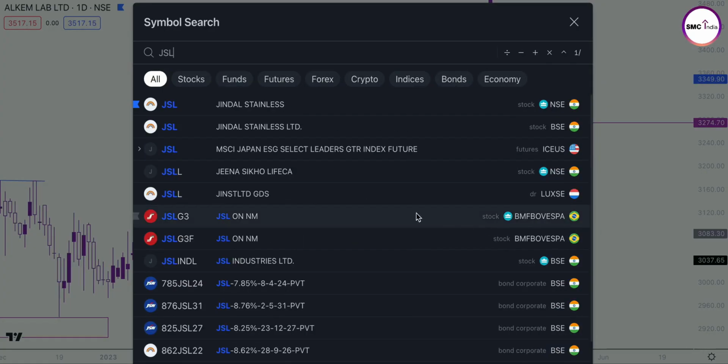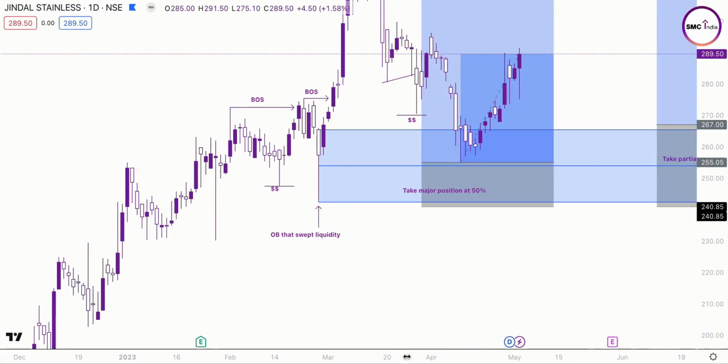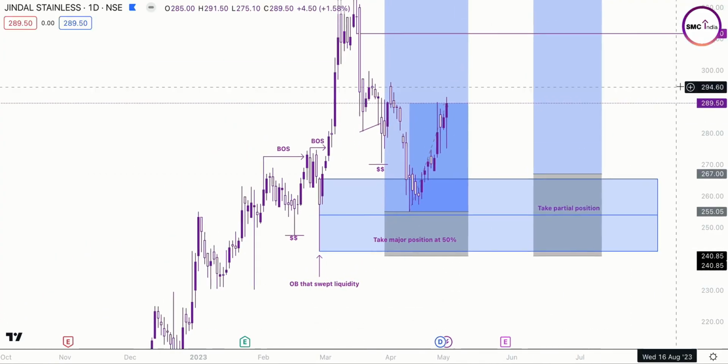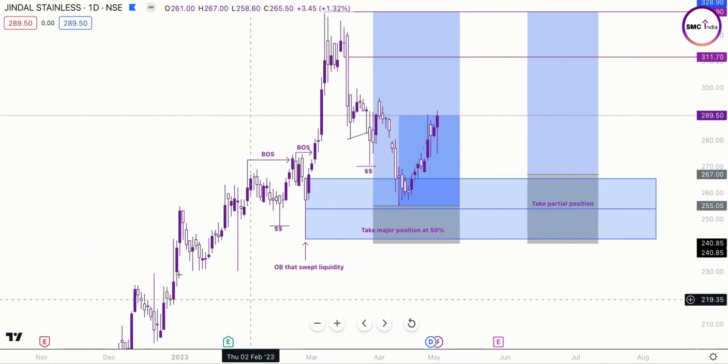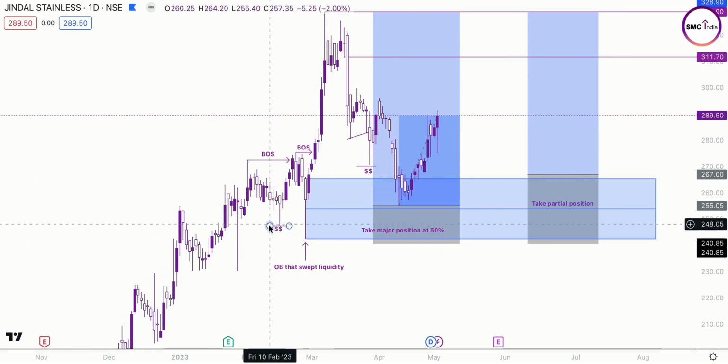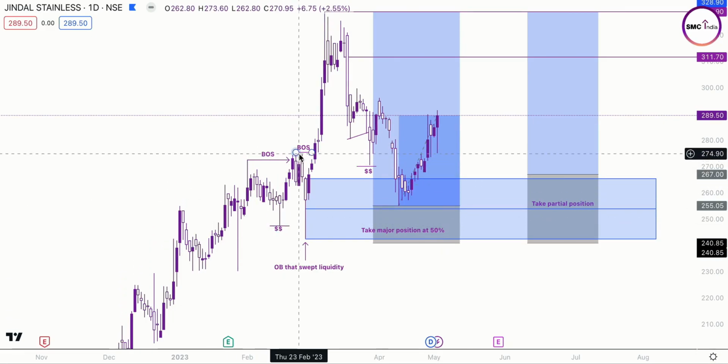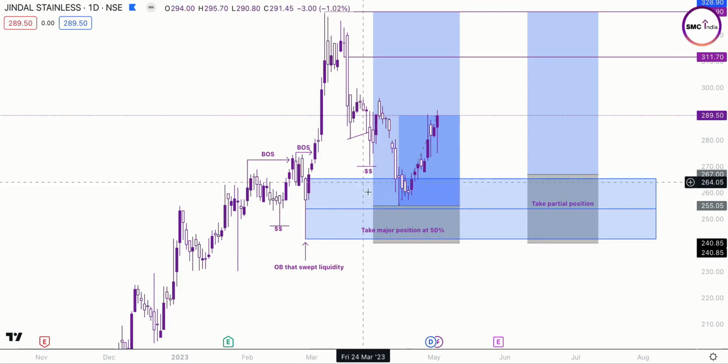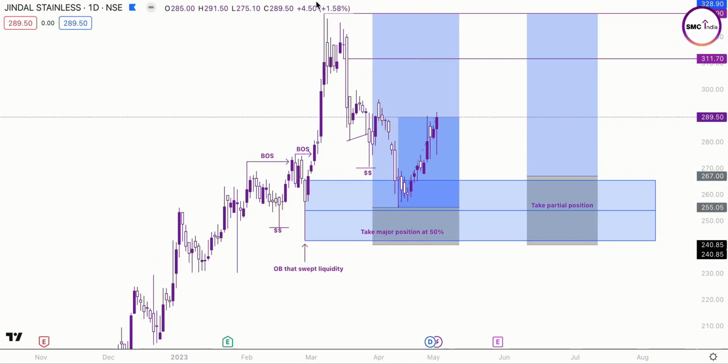And now I'm going to show you with one example how this acts as a confluence. I'm opening JSL. So in this trade that I've shared, you could see that the price moved up, created this wick here, and then moved up, causing breakout structure, and then caused a massive move up. Before this massive move up, you could see that the price retraced back and swept all these liquidities up here. Consider this as an inducement, and the price swept this liquidity and then shot up.